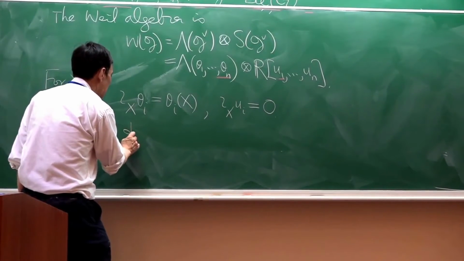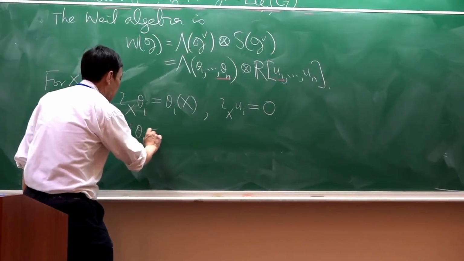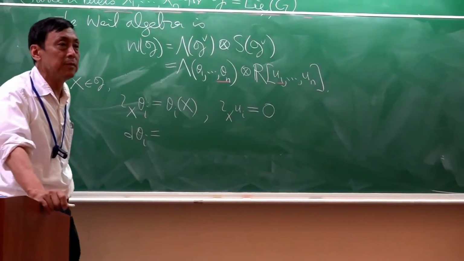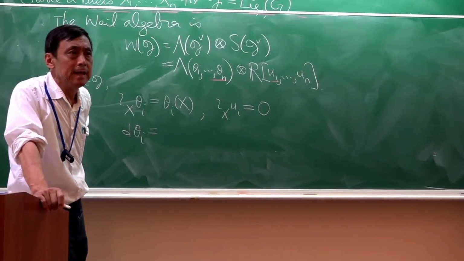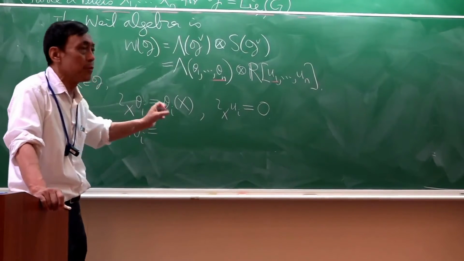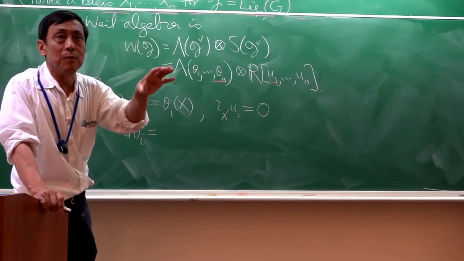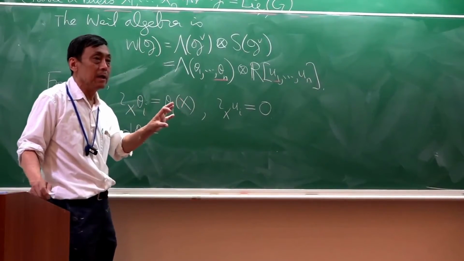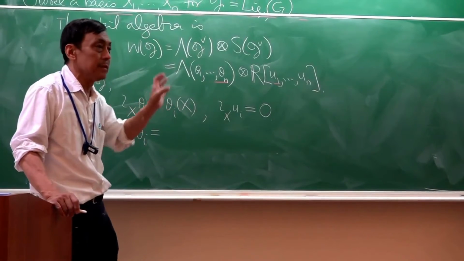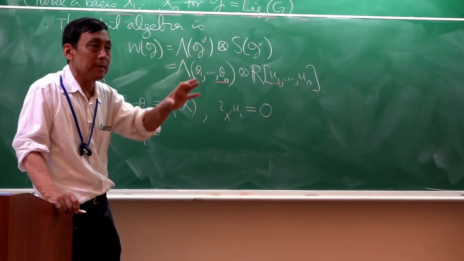And then what's D of theta I? Remember that? The theta I was supposed to map into the connection form, omega I. And so D of theta I should be the thing that goes into D of a connection.